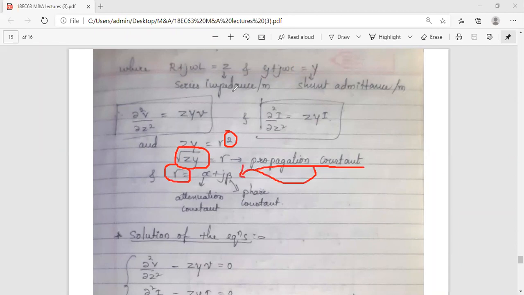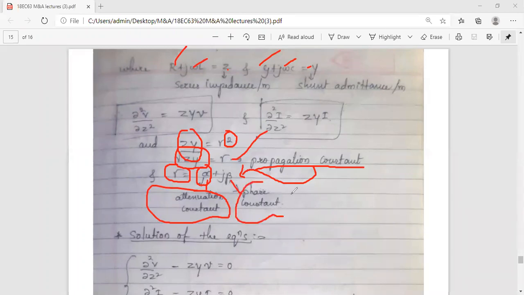As Z and Y have real and imaginary parts, even this gamma will also have real and imaginary parts. When you put Z and Y and take the multiplication, you will get a real part and an imaginary part. The real part is called the attenuation constant alpha, and the imaginary part is called beta, which is the phase constant.